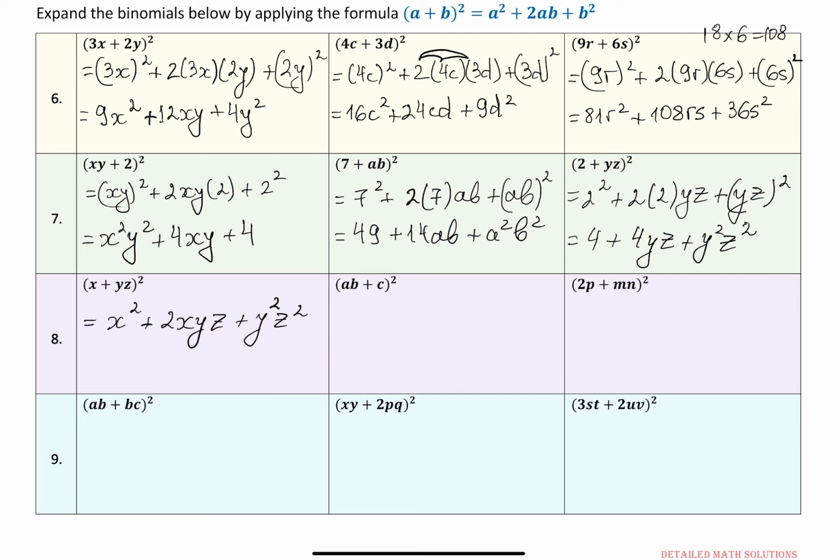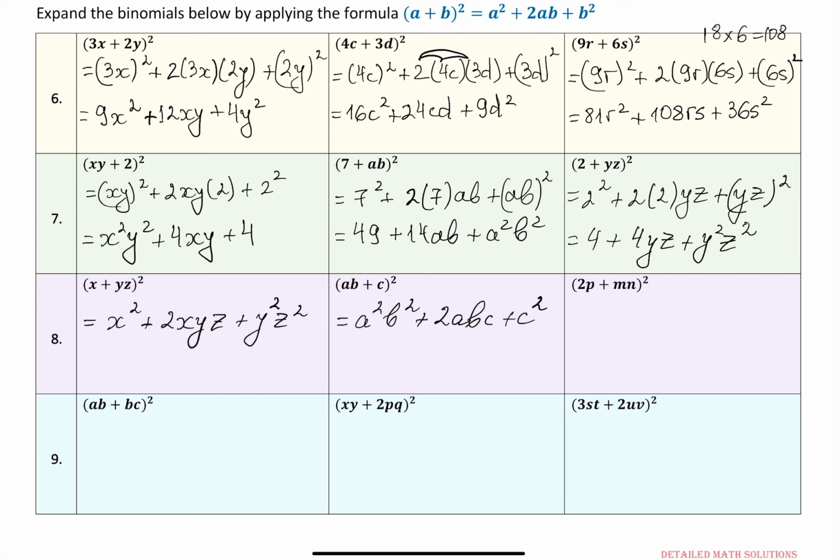(ab plus c) squared is (ab) squared, or a squared b squared, plus 2 times ab multiplied by the second term c plus c squared.